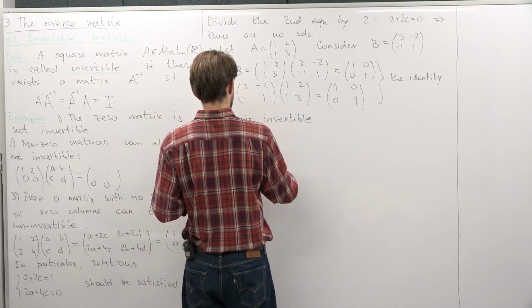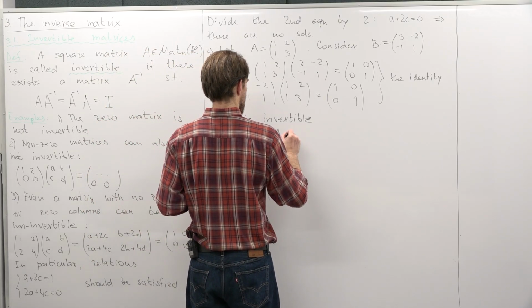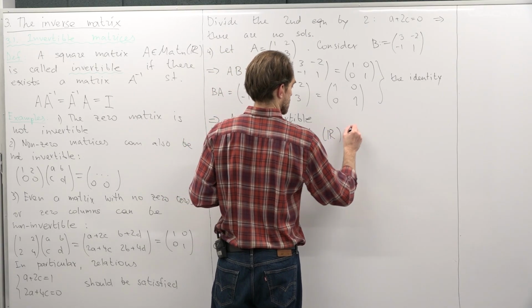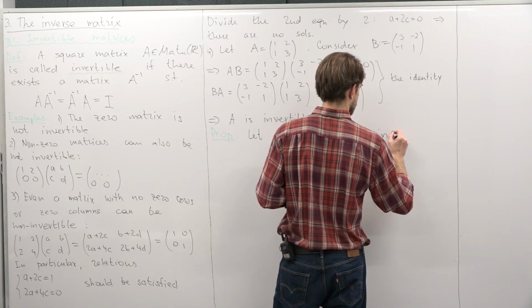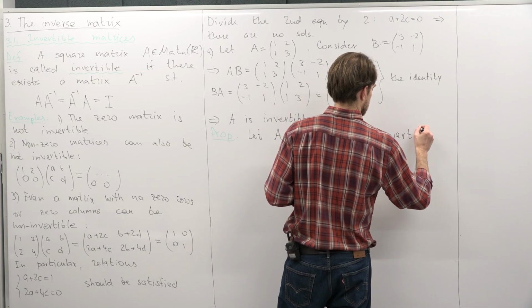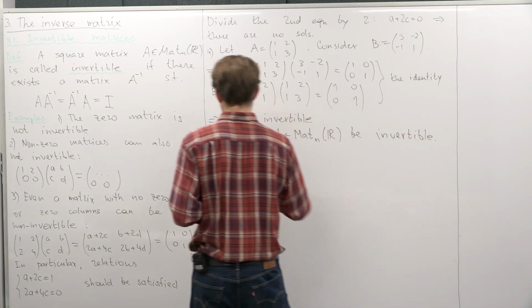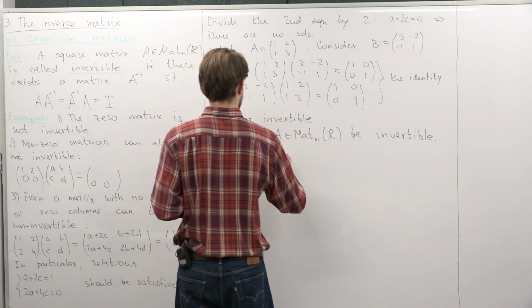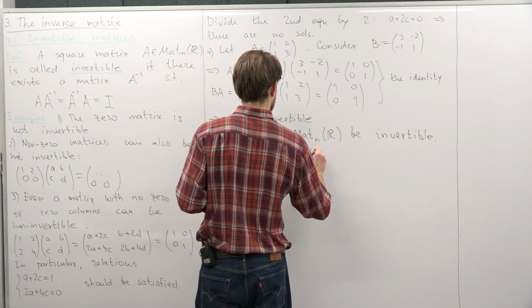So let A be invertible, then A to the minus 1 is uniquely defined.